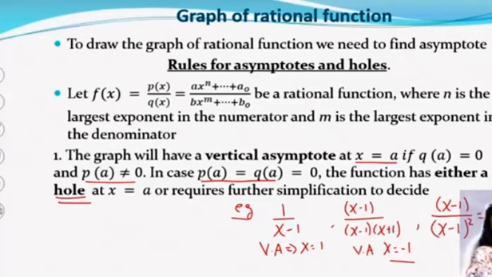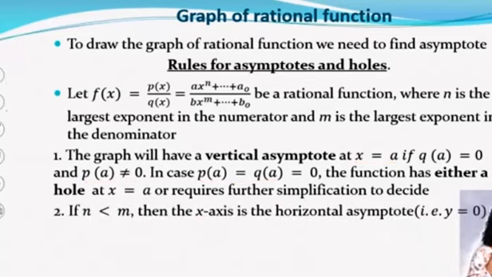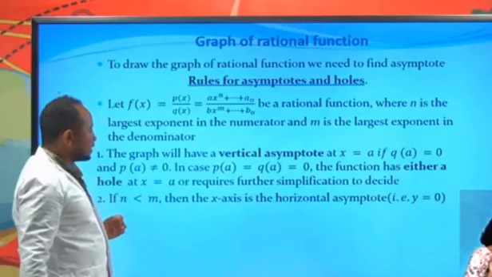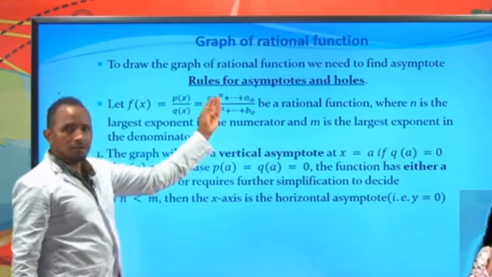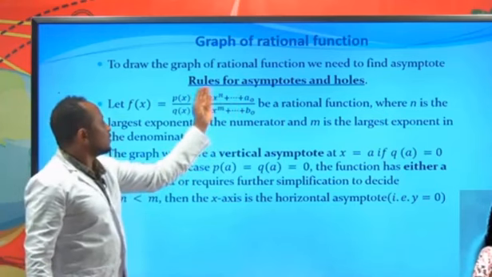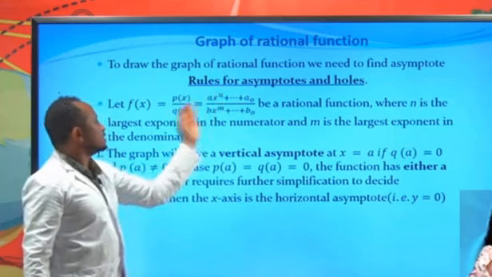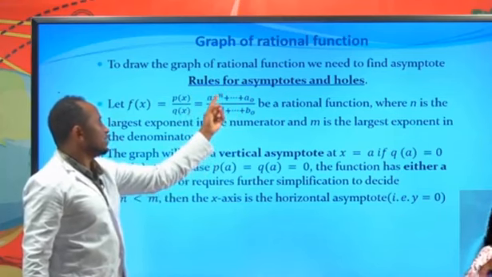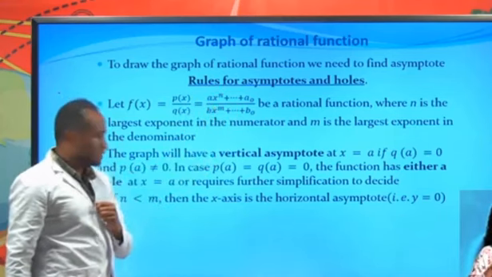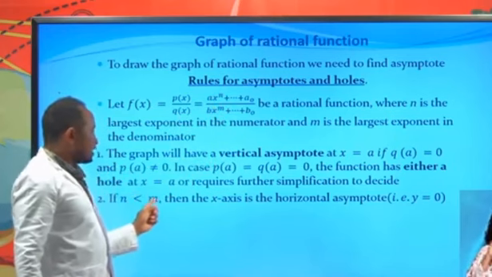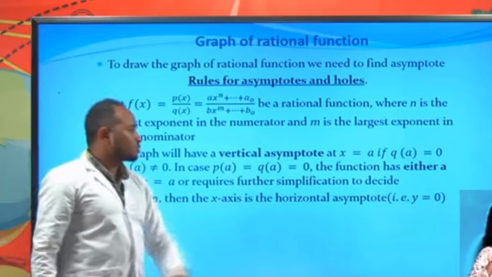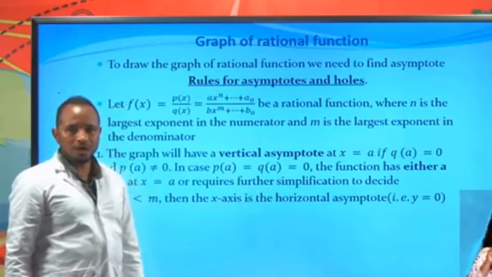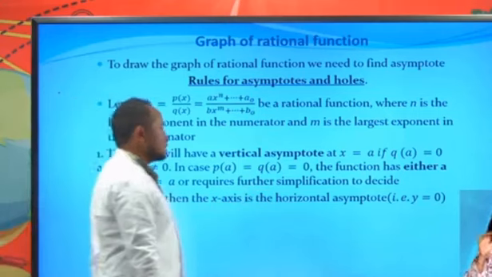Here we have 3 rational functions. We are asked to find the vertical and horizontal asymptotes if they exist, and indicate the point if the function has a hole. So the first one, a: f of x is equal to 1 over x plus 2.